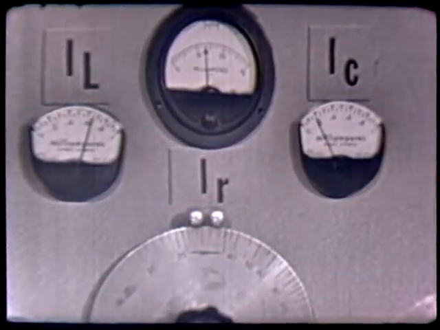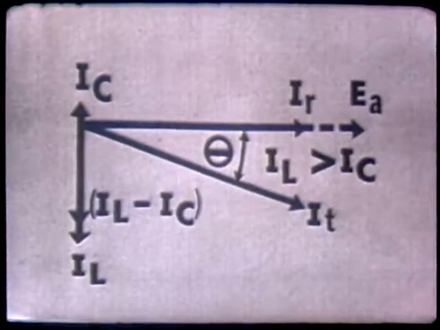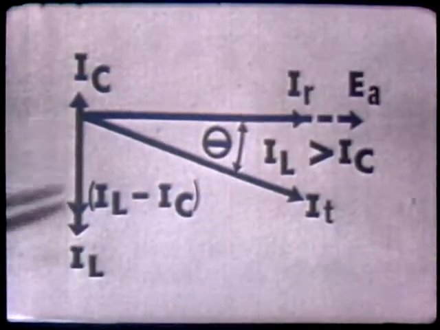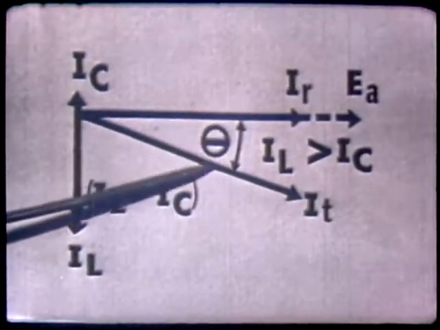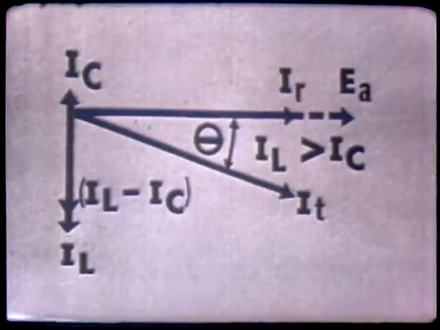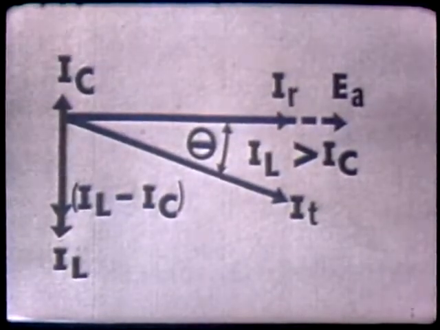Well, this condition would now be represented vectorially like this, where IL is greater in magnitude than IC. We now have a lagging phase angle. Remember, IL is greater than IC. This being the case, then, our circuit is now acting inductively.